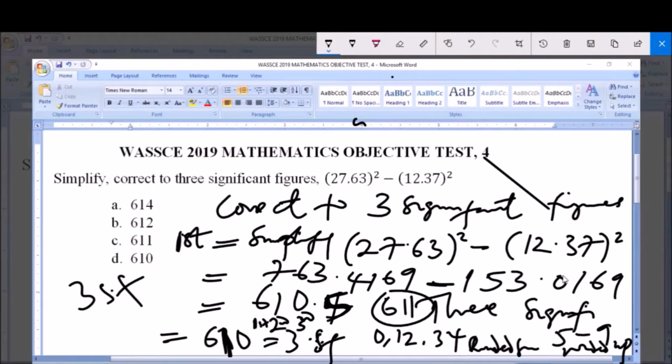You don't approximate. You write down the whole values you got. Now it is after you've collected your values that you round it off to the number of significant figures you are given, like I did here. So the answer to this particular question is D, 610. So if you solve this question and round it off to 3 significant figures, it will be 610.